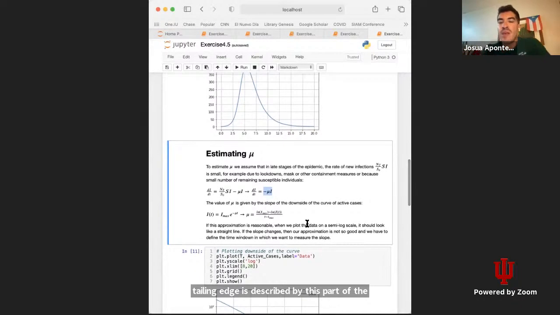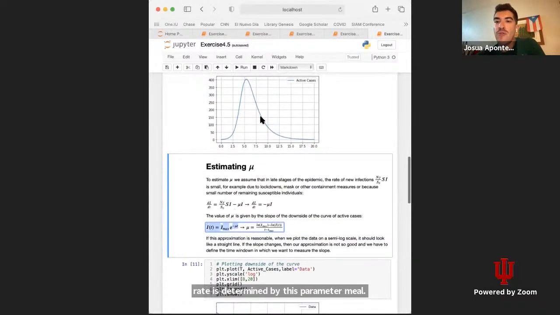We can solve that equation, and we see that the decay rate is determined by the parameter mu. So if we calculate the decay rate in this part of the curve, we should be able to estimate mu.